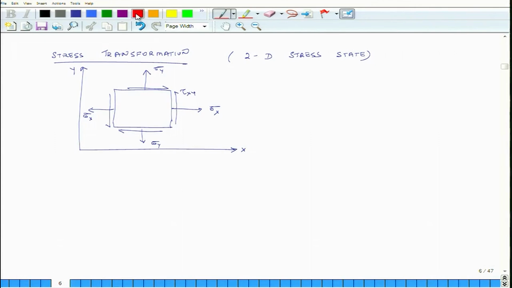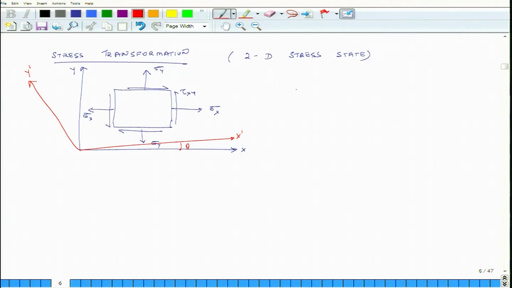Now, suppose instead of using this coordinate system, I want to use another coordinate system which is indicated in red, and this coordinate system is nothing but the same old coordinate system, just rotated by an angle theta.